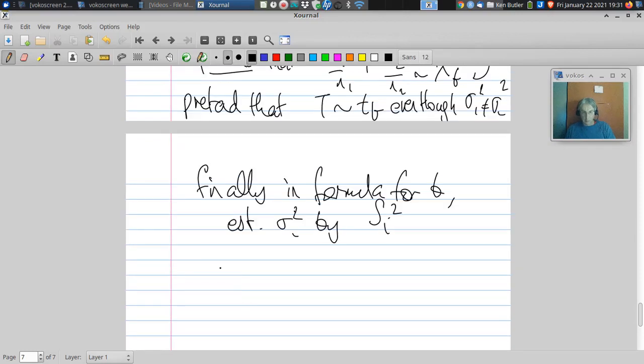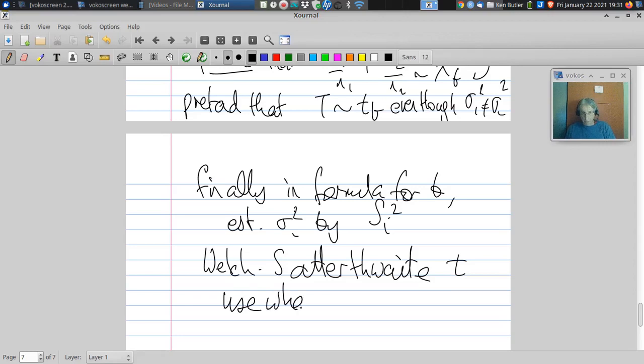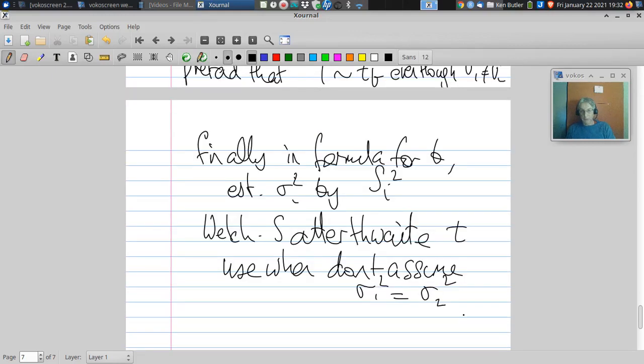And this is called the Welch-Satterthwaite t-test, which is spelled like this. And it's for use when we don't assume equal variances. When we don't make that assumption.